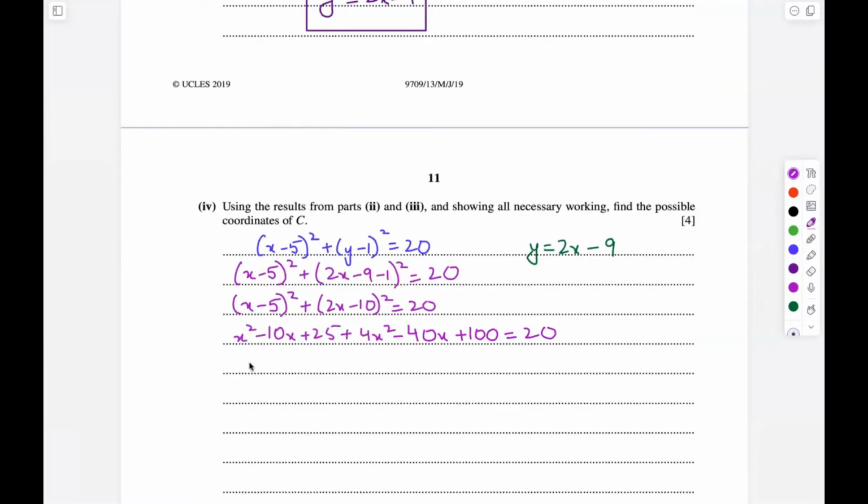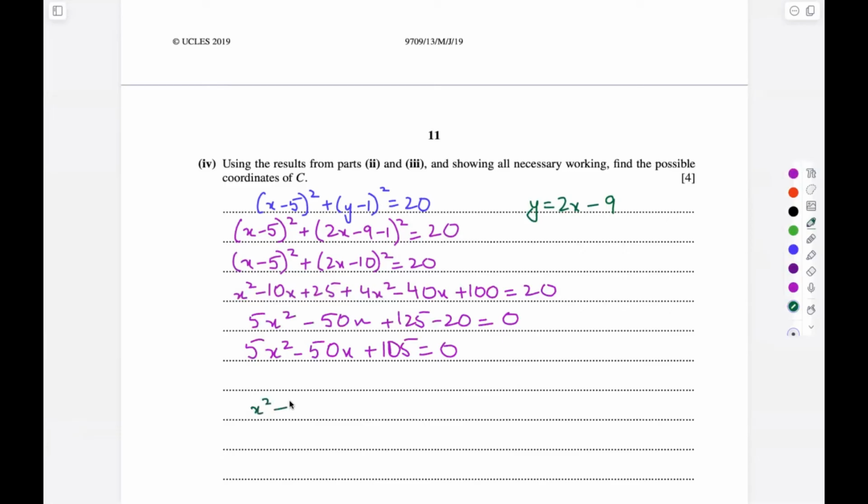So x squared plus 4x squared, that will become 5x squared, minus 10x minus 40x will become minus 50x. 100 plus 25 is 125, and we can bring the 20 on this side, so we can now write this equation as 5x squared minus 50x, and this will become 125 minus 20, which is plus 105 equals to 0.